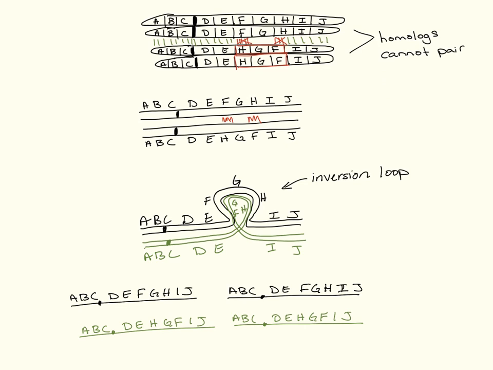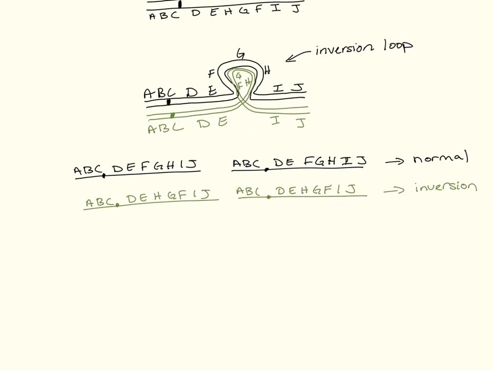But as long as none of those genes that were disrupted from the inversion are important for gametogenesis, these gametes will be viable. So again, that's if there are no crossing over events.